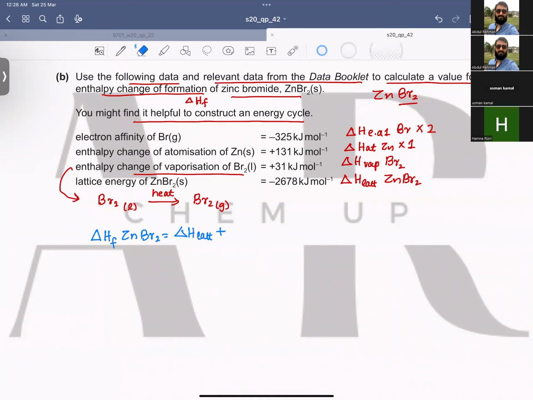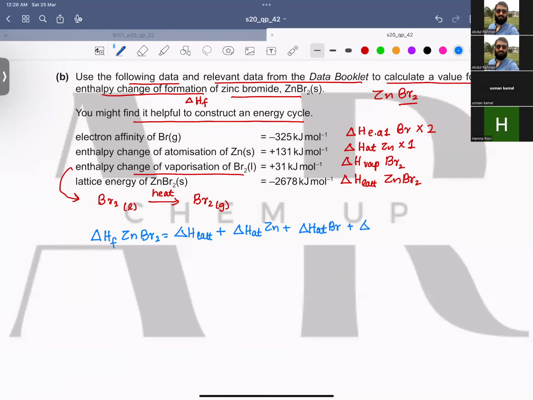So lattice energy plus enthalpy change of atomization of zinc and we need the enthalpy change of atomization of bromine.